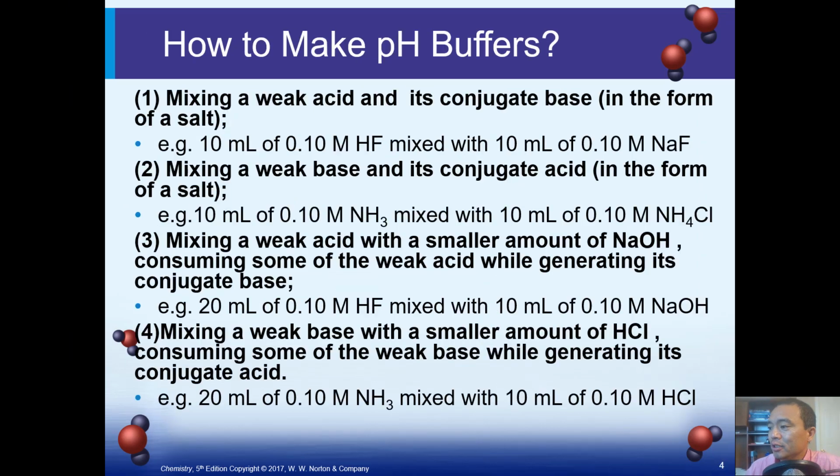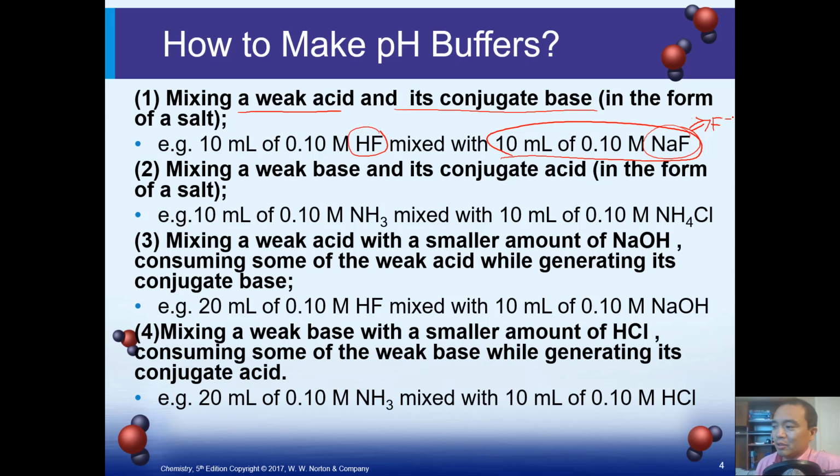As we can see, in method number one, you directly mix a weak acid and its conjugate base. For example, you mix up a certain amount of weak acid, HF, with the same amount of conjugate base, which is provided by the salt NaF. This provides the conjugate base, F-.